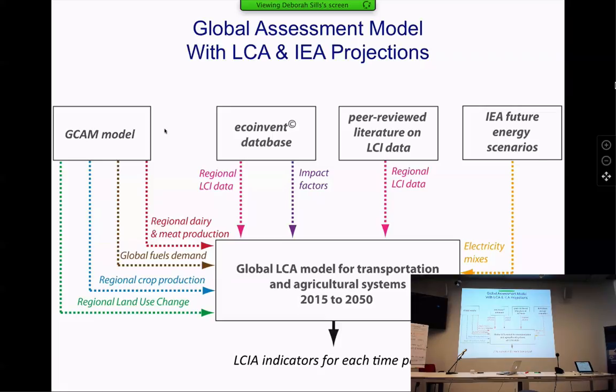We combined LCA with this economic model that looks at demand and supply, and it's modeling from 2025 to 2100. We're about to submit the paper. We do it for multiple regions and 5-year increments. So for some of you I can show results.